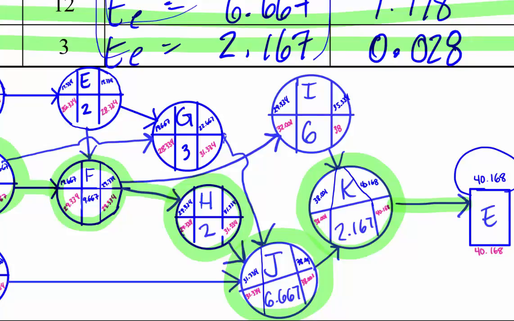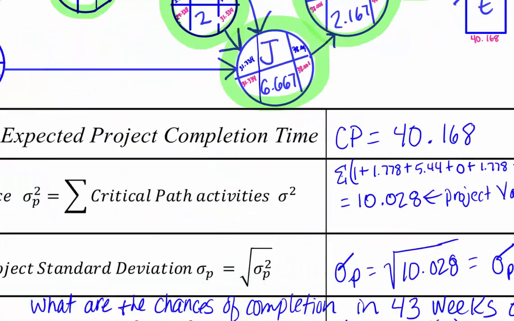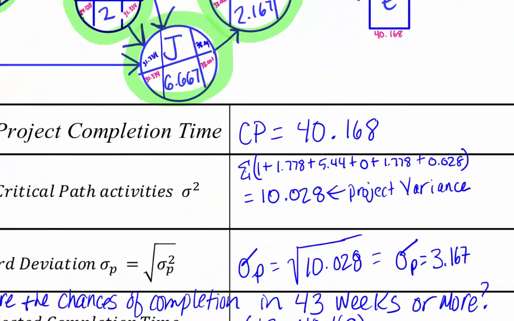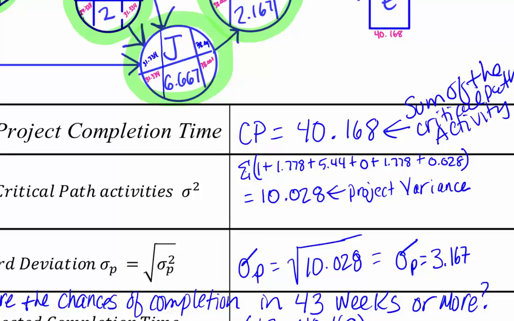So we go down here and the project completion time is going to be noted there. So this is going to be computed as the sum of the critical path activity times. Then we go here to this next box and we're going to compute the sum of the variances of each of the activities on the critical path.